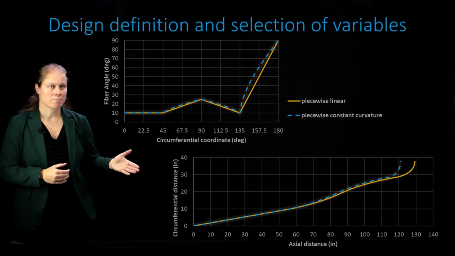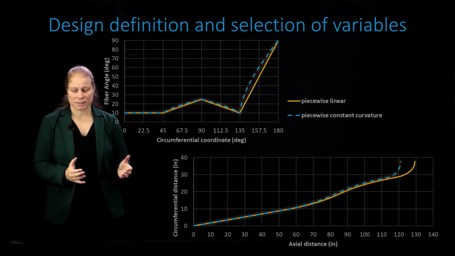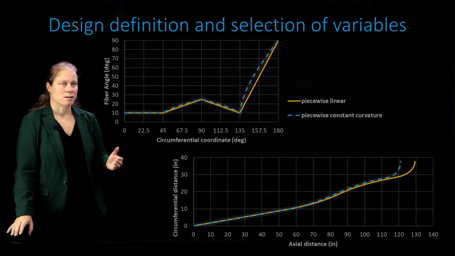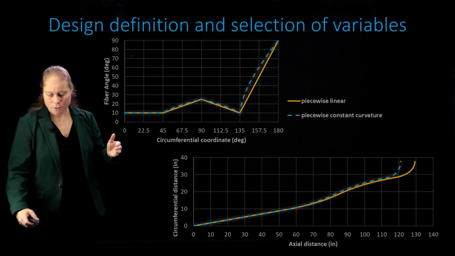Now that's the engineering view of things, the fiber angles. Now here at the bottom, you can see the actual distance and the path that it takes. And I will see if I can recreate that.